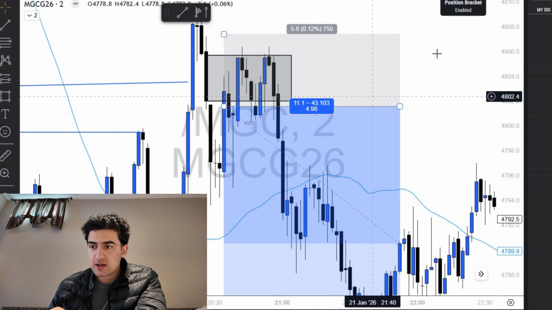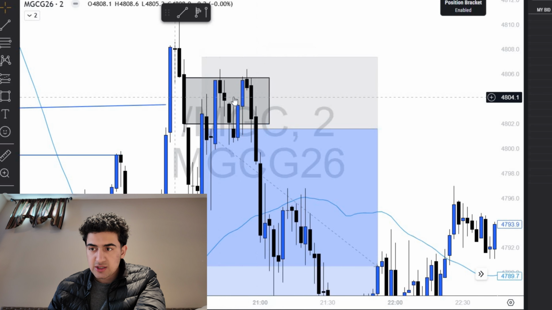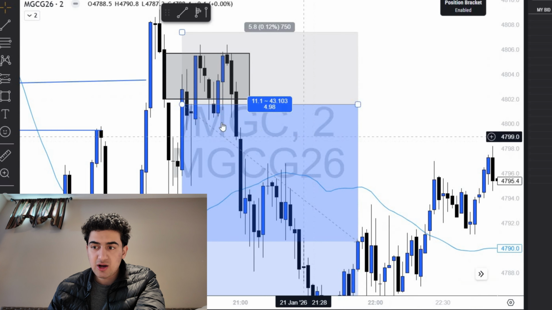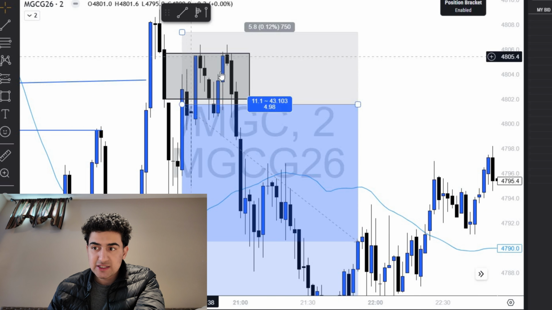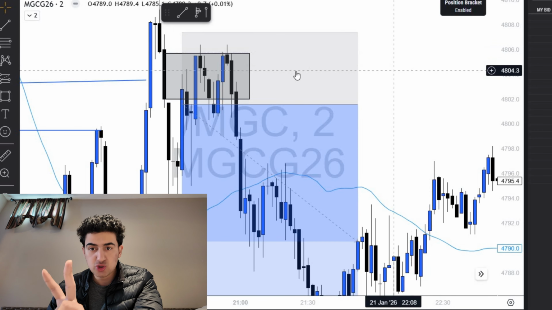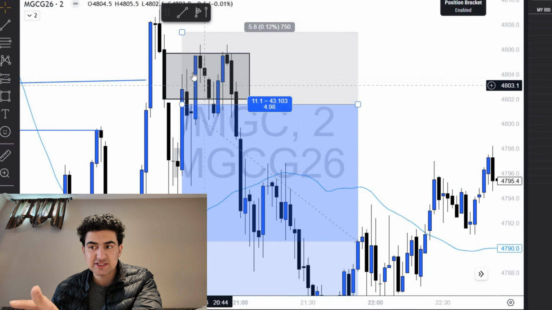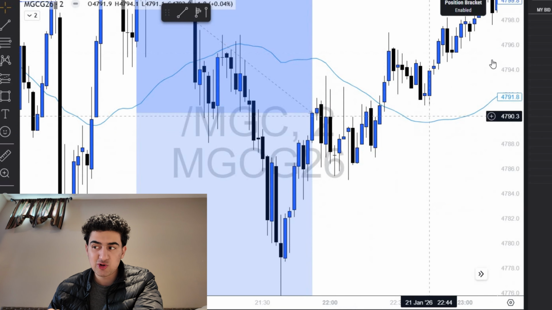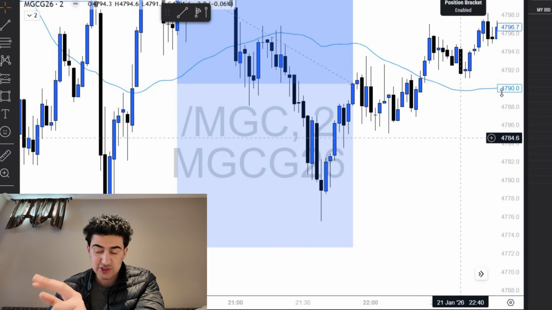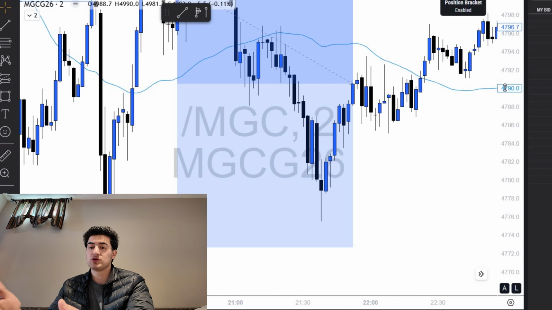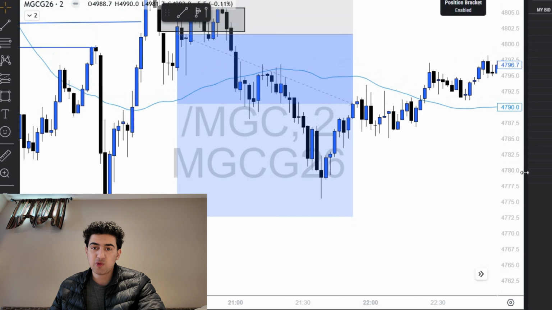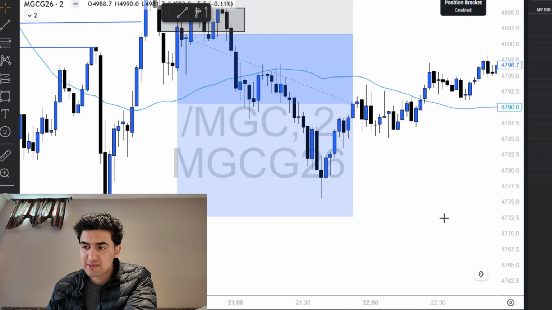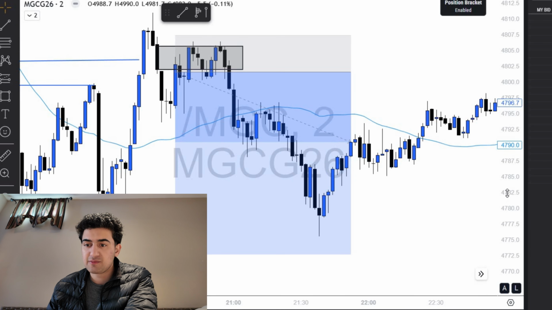So right here, you see, we have a liquidity, and price comes up and makes two hits. Price makes two hits, and then it goes in the direction we want it to go. I entered the short, and we see that it delivered beautifully.